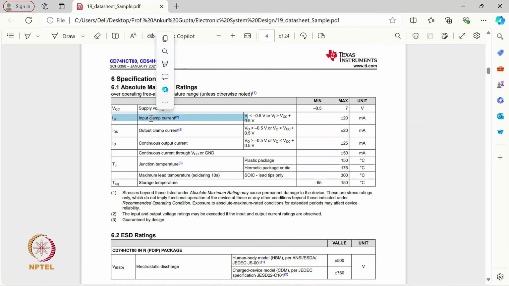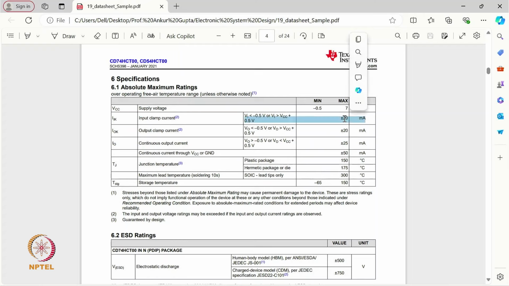Then input clamp current, maximum 20 milliamp. The output clamp current is also maximum 20 milliamp, and continuous output current is 25 milliamp you can draw. Continuous current through VCC or ground is acceptable up to 50 milliamp.